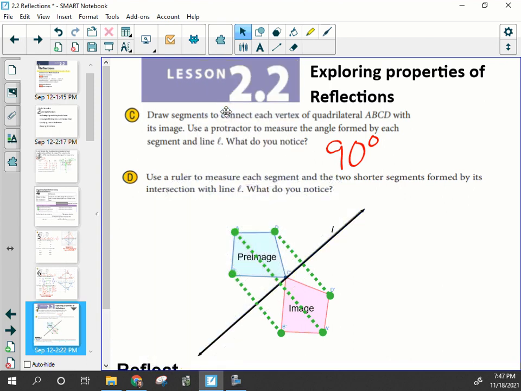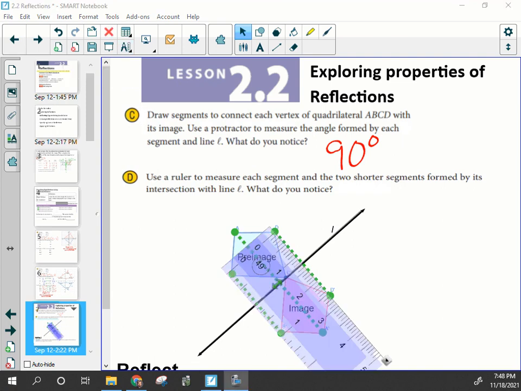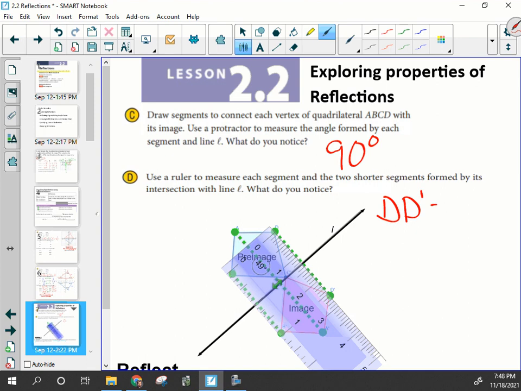Then it tells me to use a ruler to measure. I've got my ruler out here and I adjusted it so it should match up with yours if you measured this by hand yourself. So I'm placing my ruler to measure the distance from D to D prime. And what you will notice is it is about 2.6 centimeters.